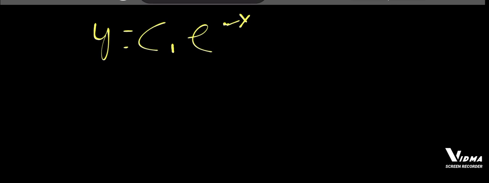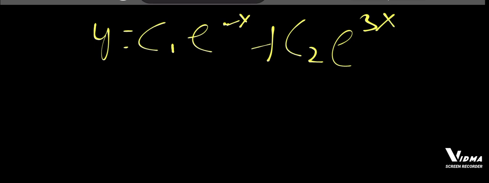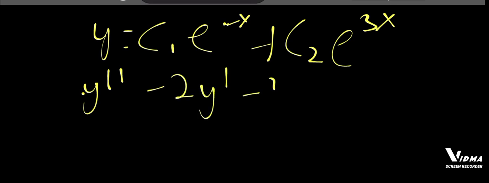So I have this. We said y equal to c1e^(-x) plus c2e^(3x). They said this is a general solution of a differential equation y'' - 2y' - 3y = 0.